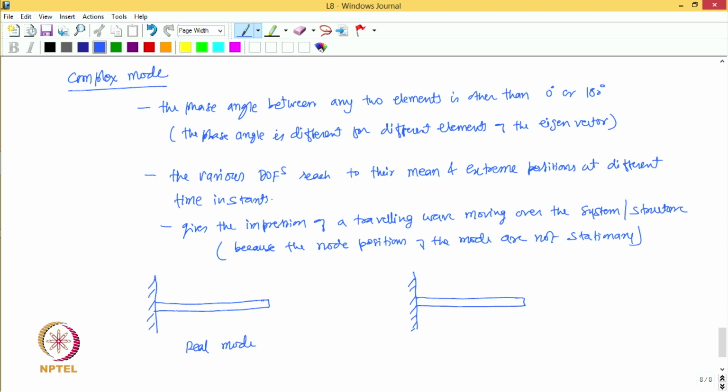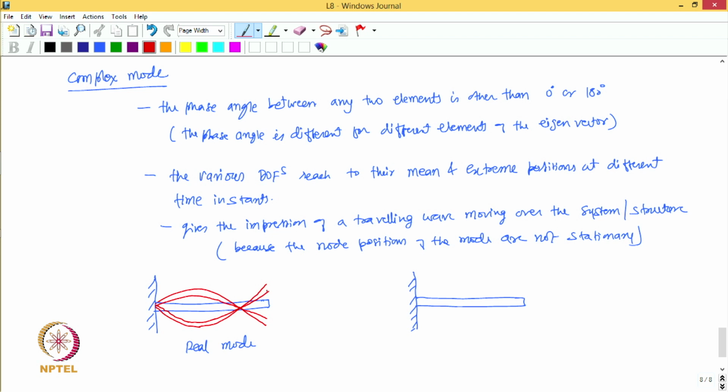let us plot say the second mode shape of this cantilever beam, then this mode shape would be something like this, right, and when it goes to the other extreme the mode would be like this, and at other time instants the displacement will occupy this kind of deflection.